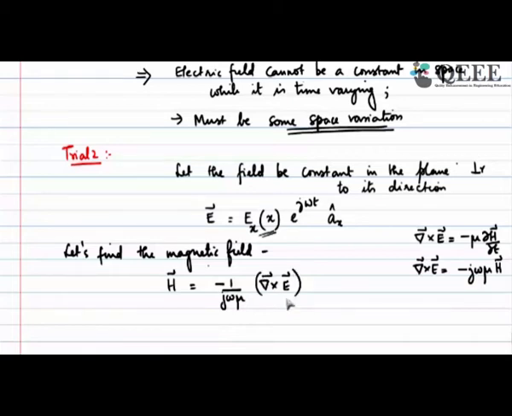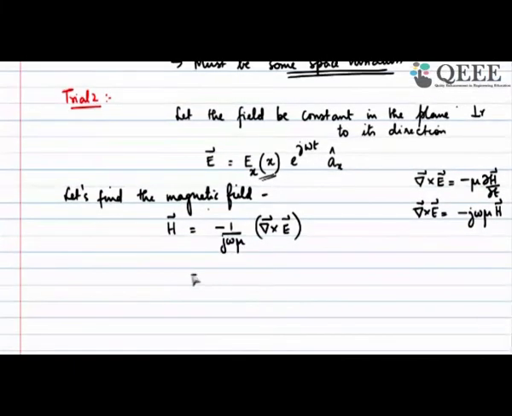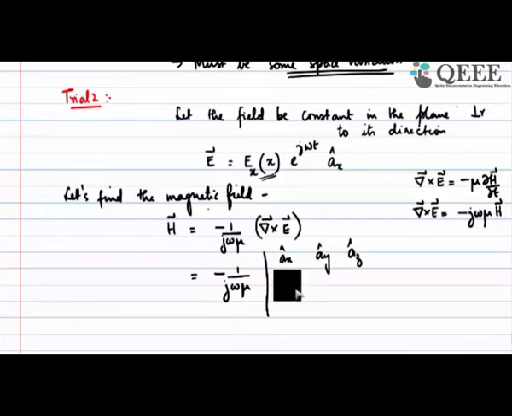I know E, so I am going to substitute here. How do I find the curl? It's a determinant along AX, AY, AZ. I have variation only along the X direction. I don't have a variation in the Y direction or the Z direction.